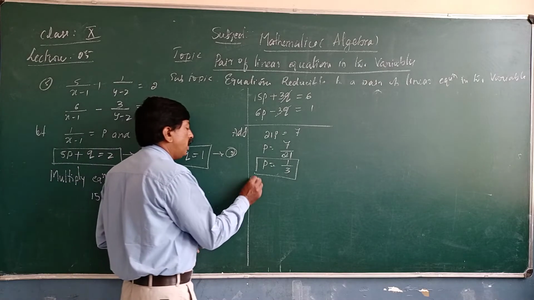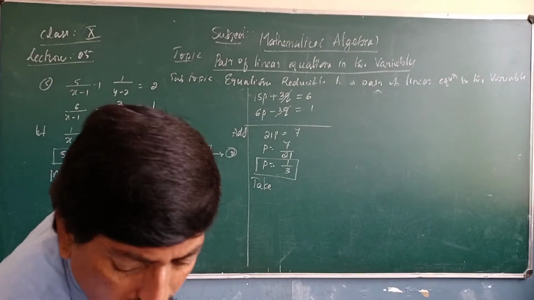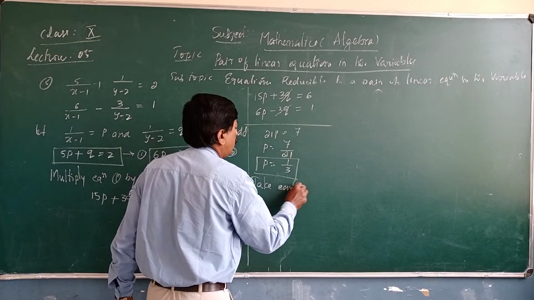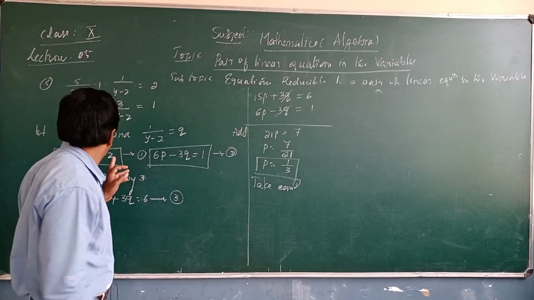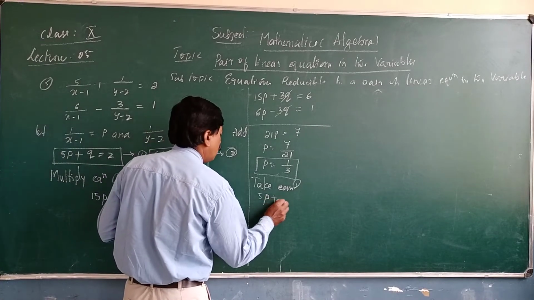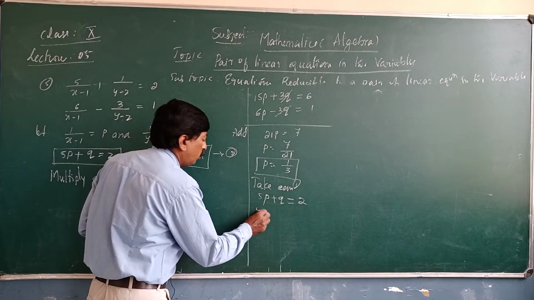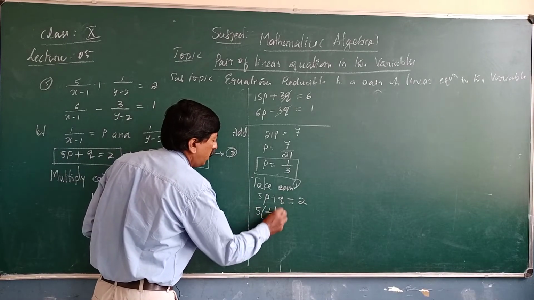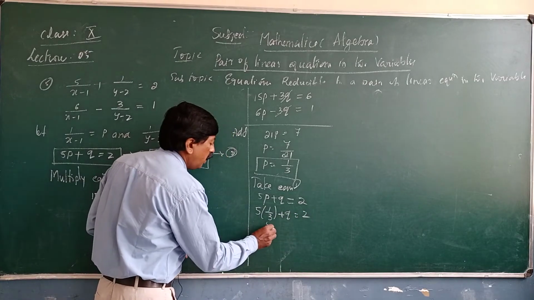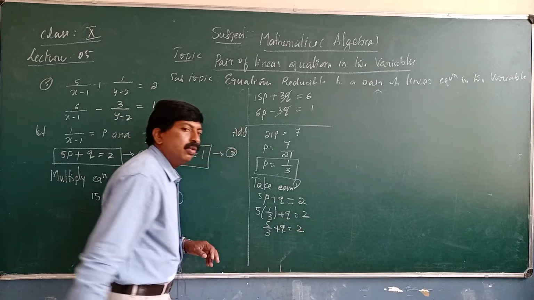Take equation 1, that is 5p plus q is equal to 2. So 5 times p, which is 1 by 3, plus q is equal to 2. So 5 by 3 plus q is equal to 2.